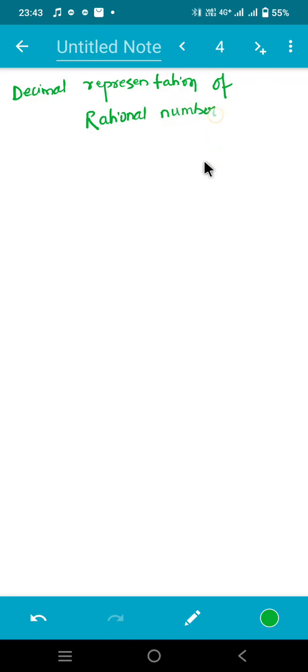So now how to do this? What is the meaning of this? Again, I will explain this topic with the help of an example. What I'm trying to say is that suppose any rational number is given, suppose 1 by 4. Now you have to represent this rational number in the form of a decimal.